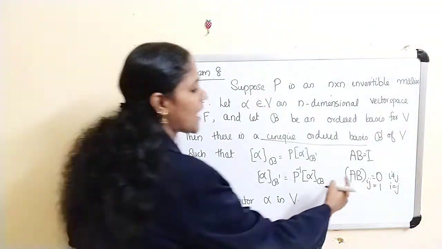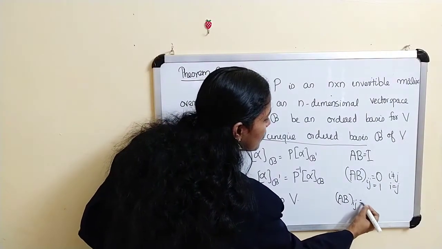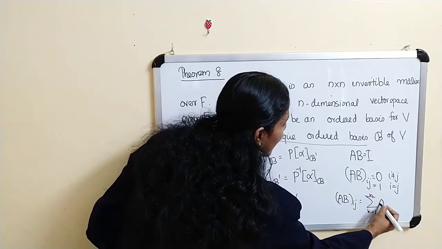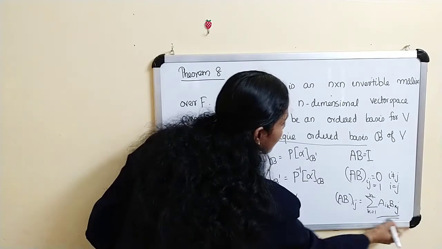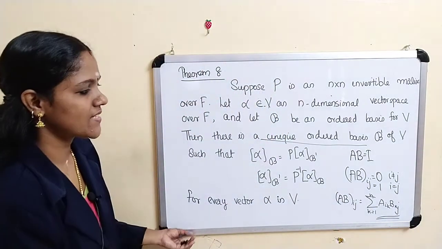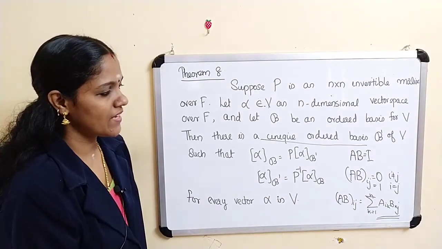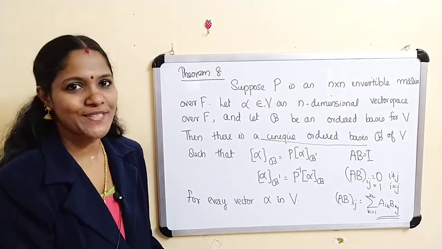The ijth entry of AB is equal to sigma k varies from 1 to n, A i k, B k j. This we have already proved, and that's equal to 0 if i not equal to j and 1 if i equal to j.